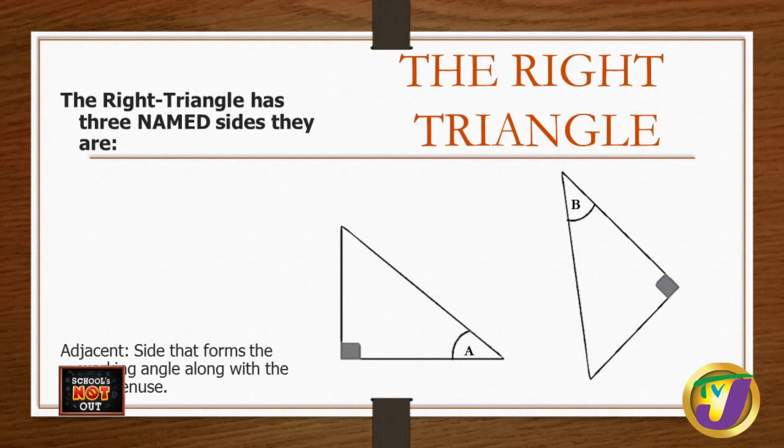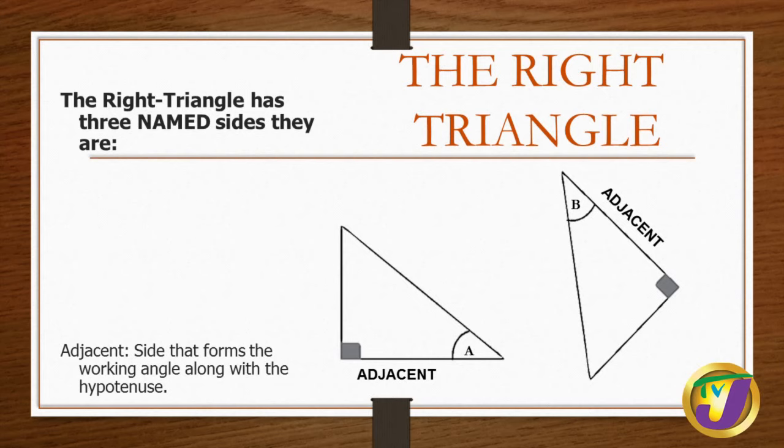Got you. Now the next named side is the adjacent. Now we know the word adjacent means what? Beside. So this is a side that forms a working angle along with the hypotenuse. And here, we are now labeling our adjacent.